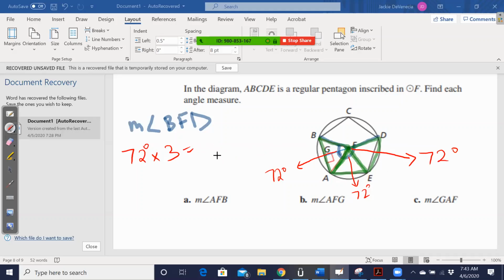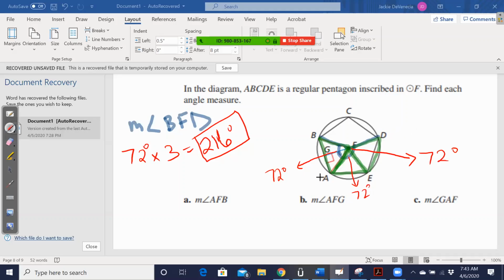This would give you, I think it's 216? Hold on. Yeah, this would give you 216. So that's the measure of that.